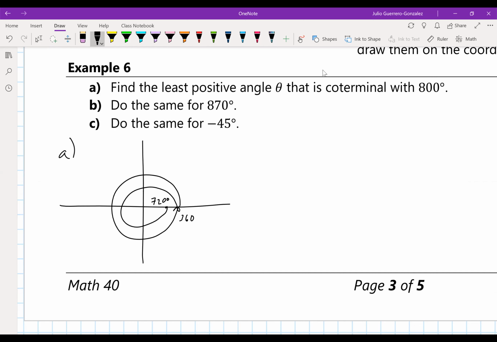And now we need to get to 800 degrees. So if we go up another 80, we have an angle that is coterminal to 800. So the coterminal angle here would be that 80 degrees.